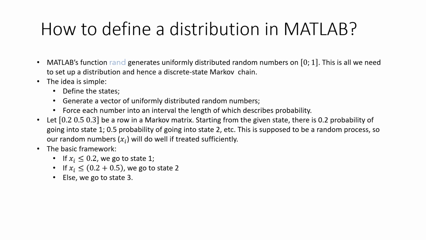So on this basis, we can generate a discrete state Markov chain. The idea is very simple. We will define the states. We will generate a vector of any length of uniformly distributed random numbers, and in the last step we will force each random number into an interval, the length of which describes probability.